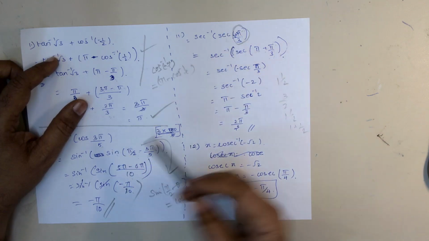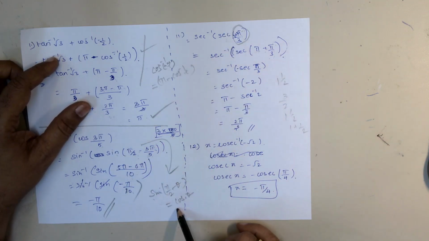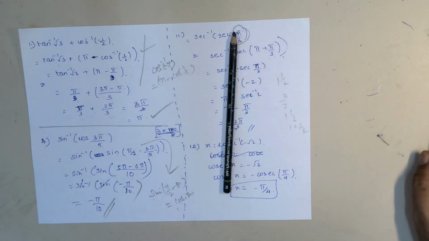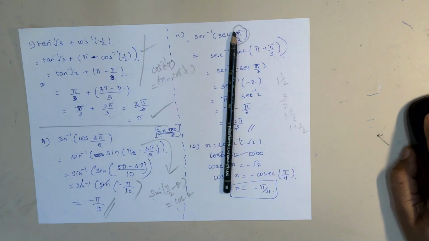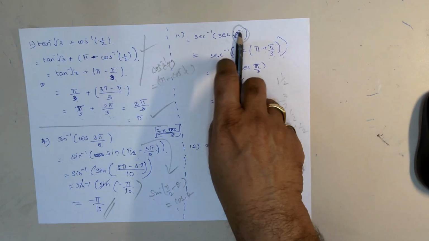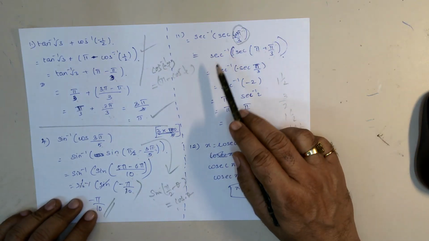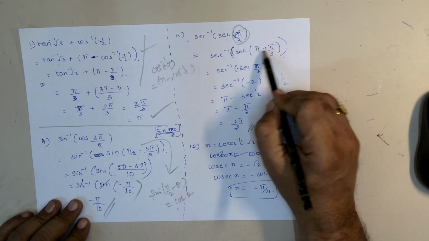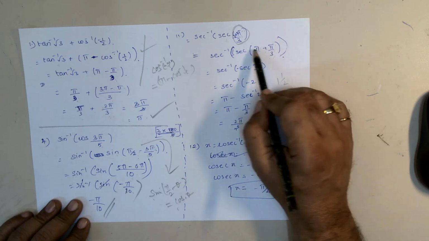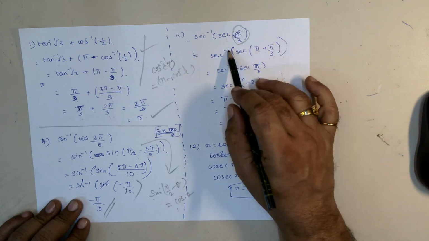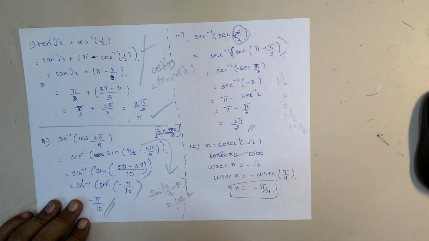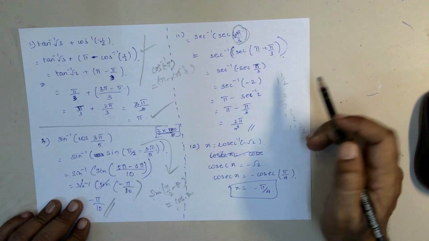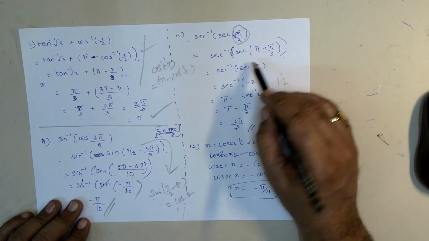In the previous sum, we adopted the complementary angle formula. In this case, the strategy is just manipulating with LCMs, fraction addition, etc. But there you were applying the complementary angle formula.